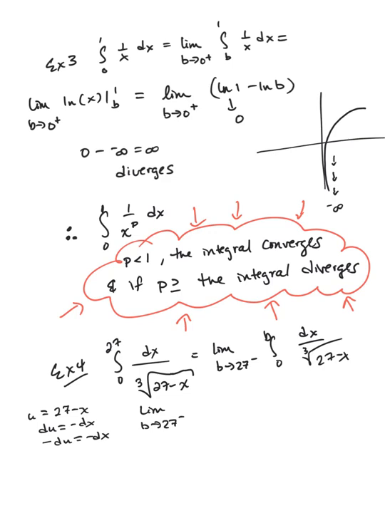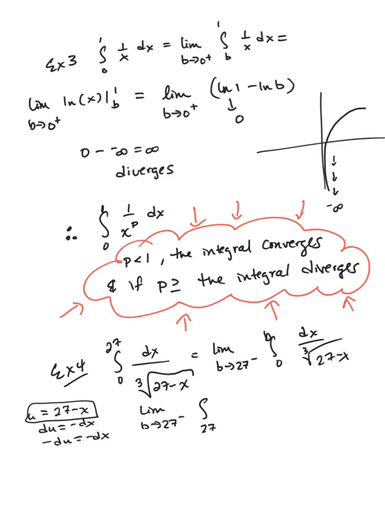Now we change our bounds of integration, right? Remember making the little chart? So I had originally this 0, right? So now when you substitute it in, my bound of 0 is going to be 27 minus 0, which is 27.